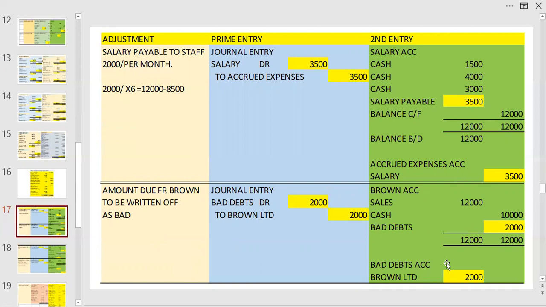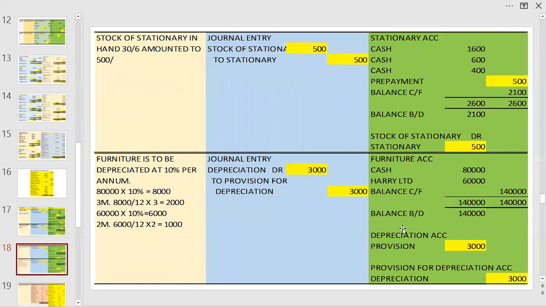Next adjustment is stock of stationery 500, which has remained unused, to be used in the next period. Therefore, we have debited stock of stationery account, an asset account, and credited stationery account, an expenditure account, by a journal entry. Here again, a new account called stock of stationery is opened.